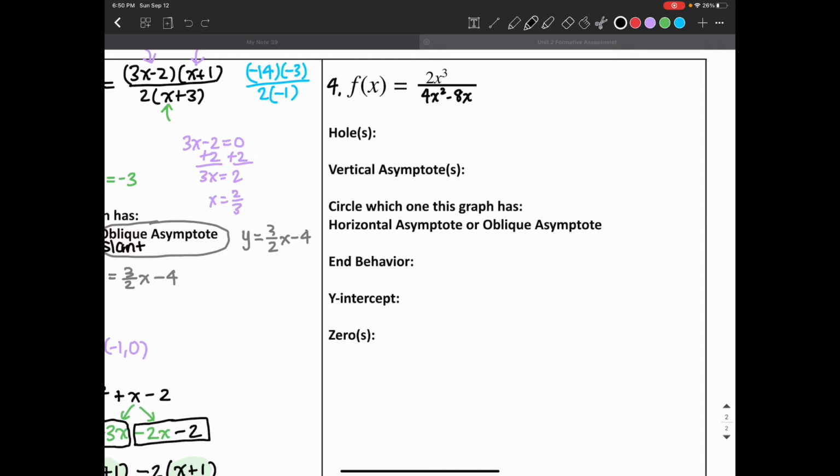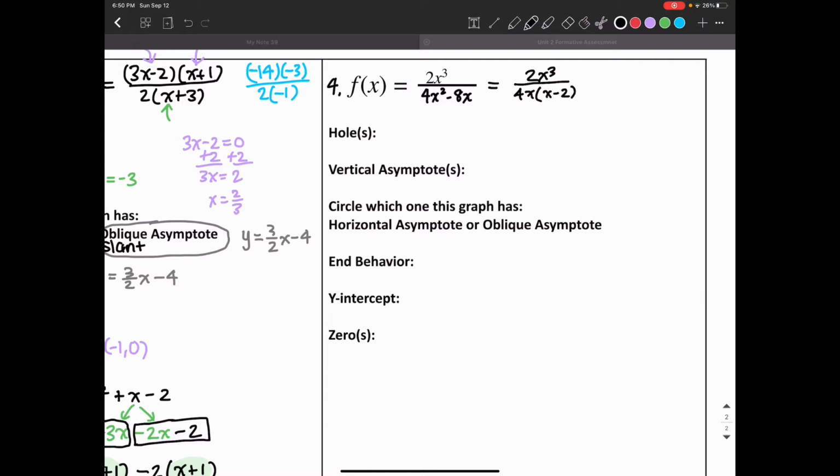For this function, I am going to factor. I know that I have a GCF in the bottom of 4x, so I can factor out 4x, and I have 4x times x minus 2.